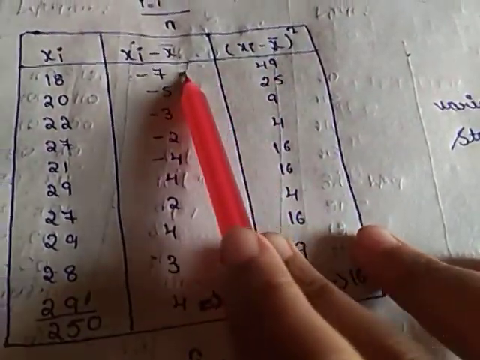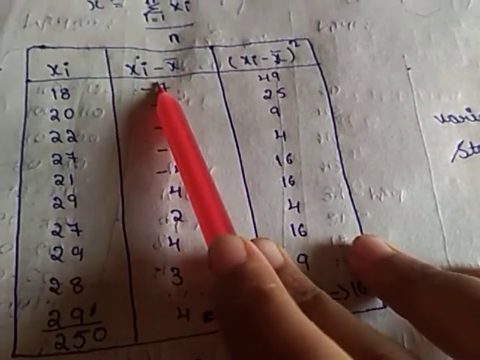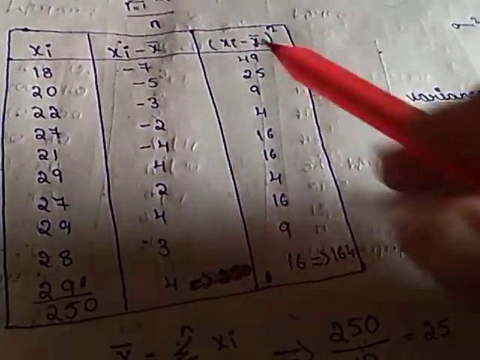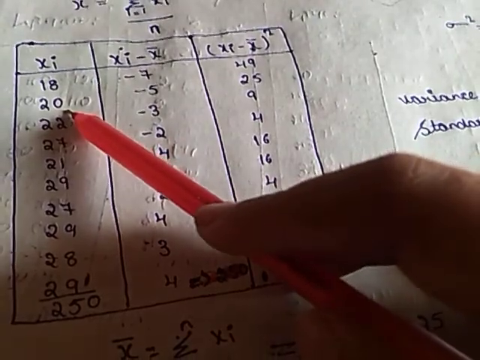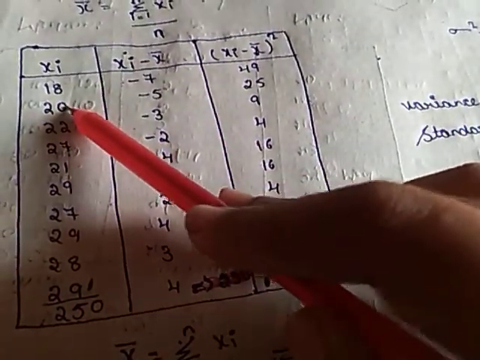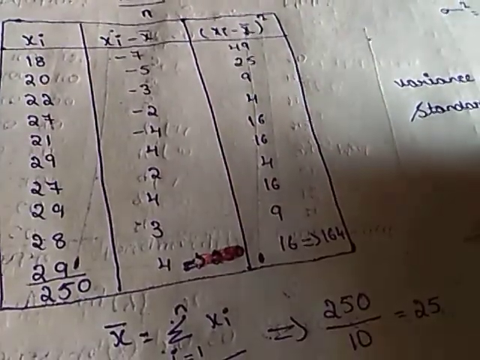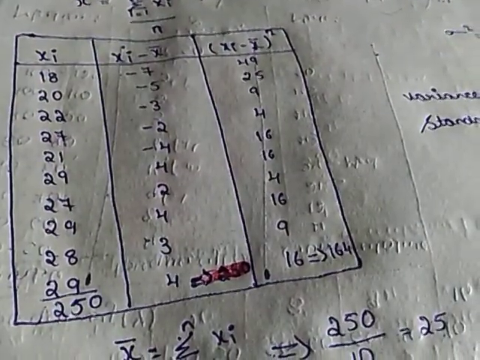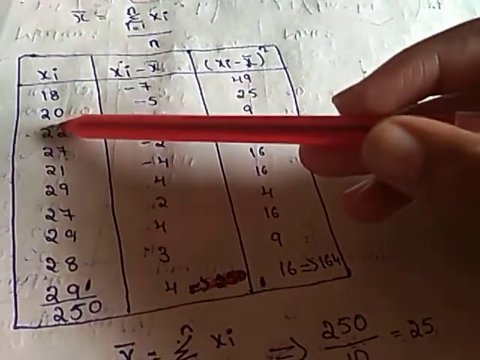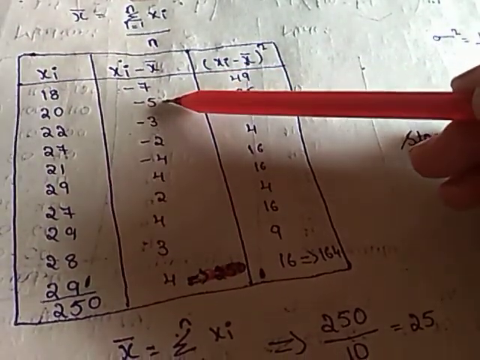Now we do xi minus x bar. Xi is 18, and 18 minus 25 is minus 7. For xi 20, x bar is 25, and 20 minus 25 is minus 5.